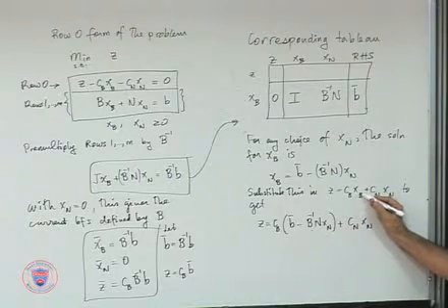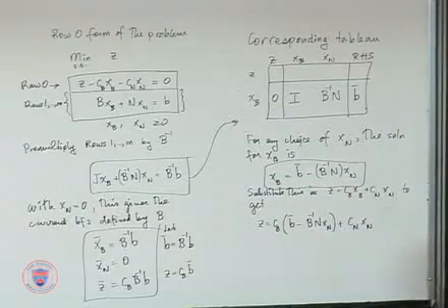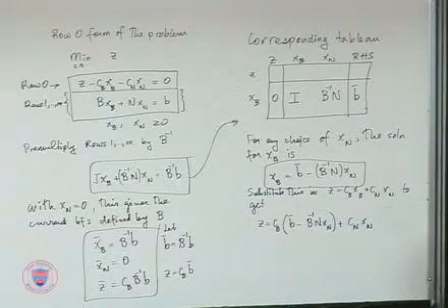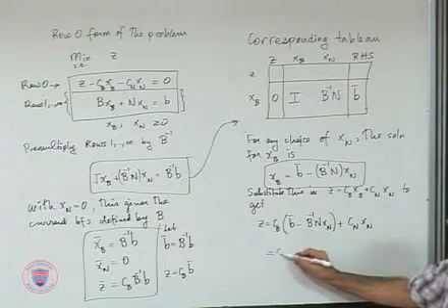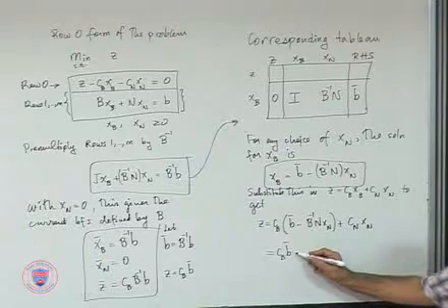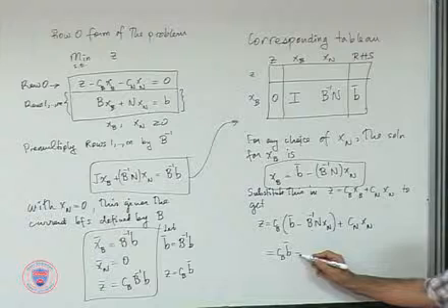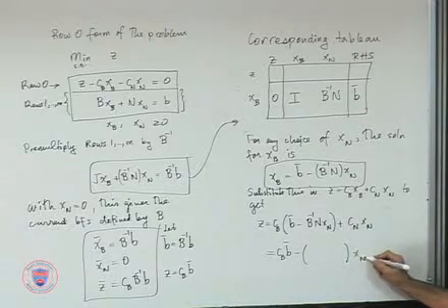So for xb, I simply substituted what I see here. Upon simplification, this gives you cb B bar plus something times xn.